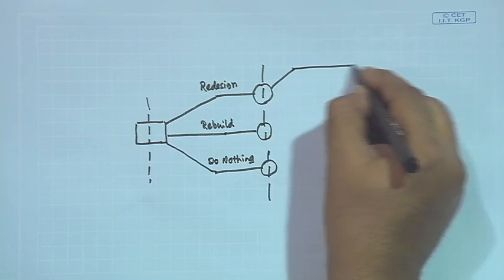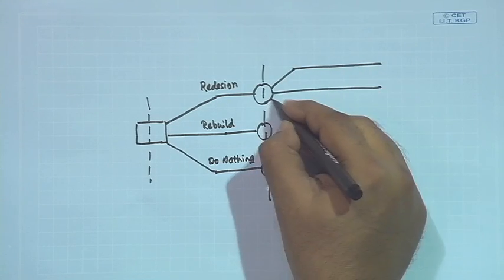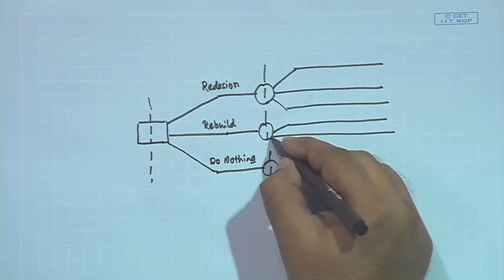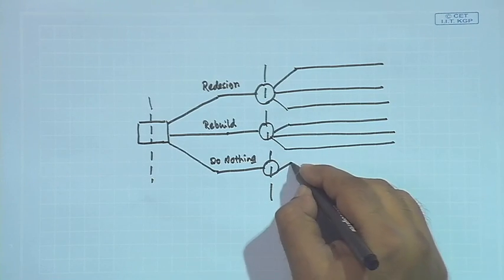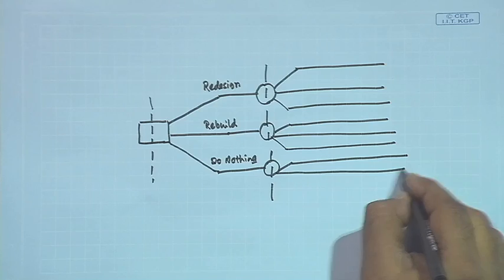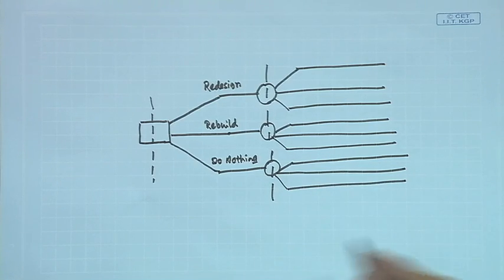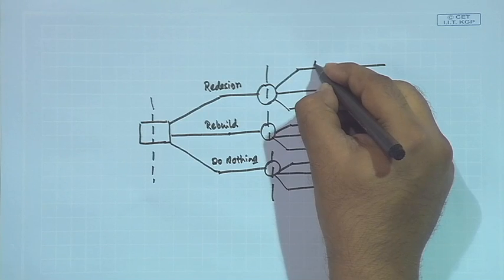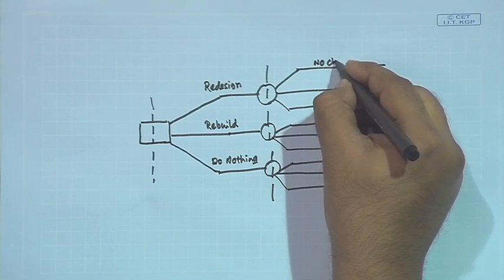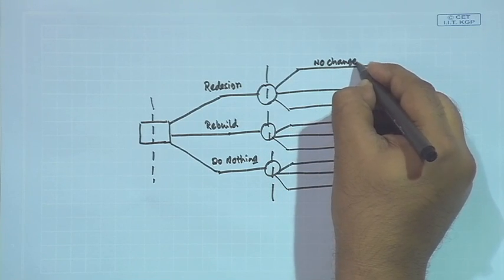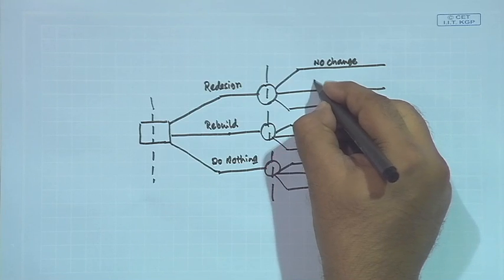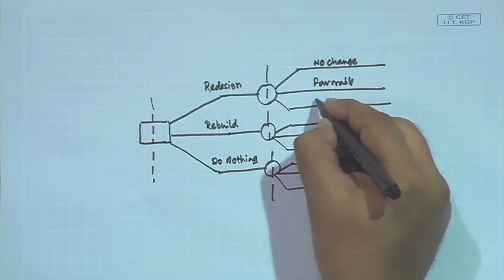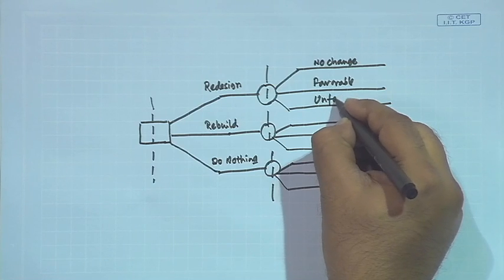So, we can put them here. Right, and these are, first of all, no market change, then there are favorable market changes and unfavorable market changes.